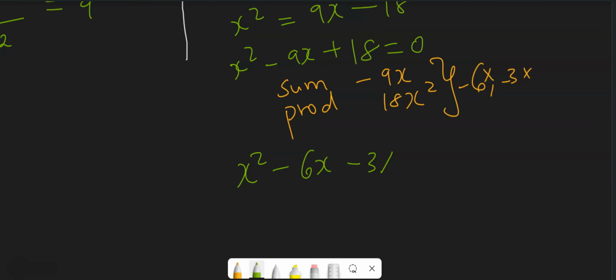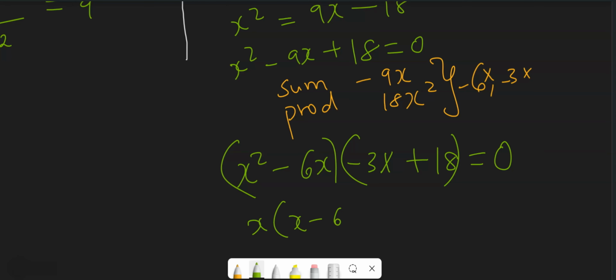Let's group this into two. What is common here? x is common, so x into x minus 6. Then what is common between these is negative 3, so negative 3 into x minus 6 equals 0.